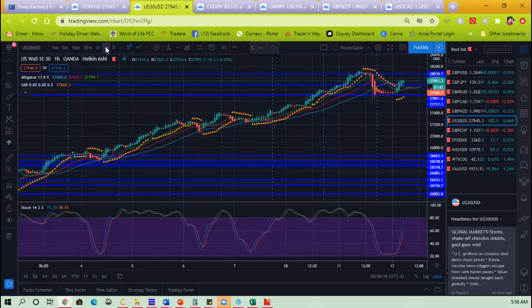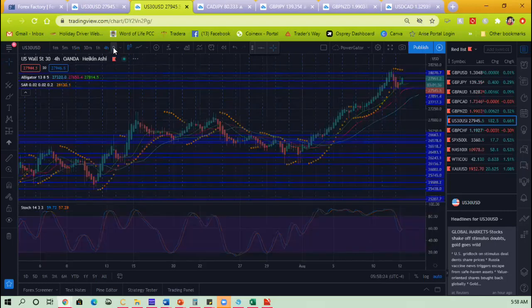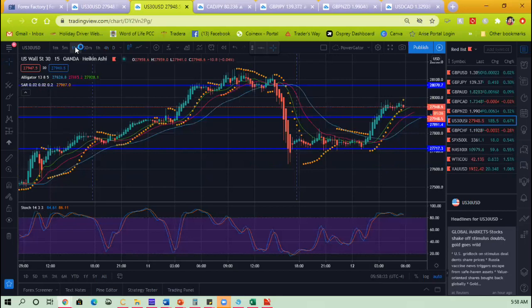The 4 hour, it is also in a very strong buy. And the daily is in a buy as well. Okay, so remember, the trend is in an overall buy. The trend is your friend. So we know that the US 30 is currently in a buy.